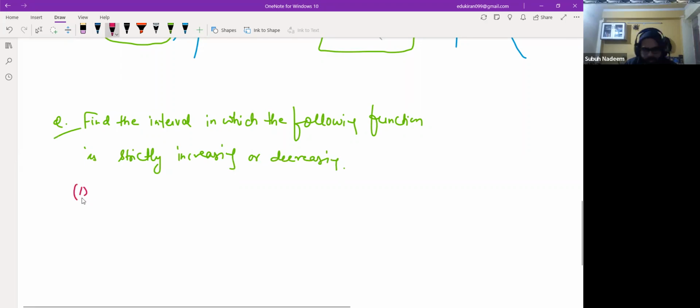So the one part could be f(x) is x square plus 2x minus 5.